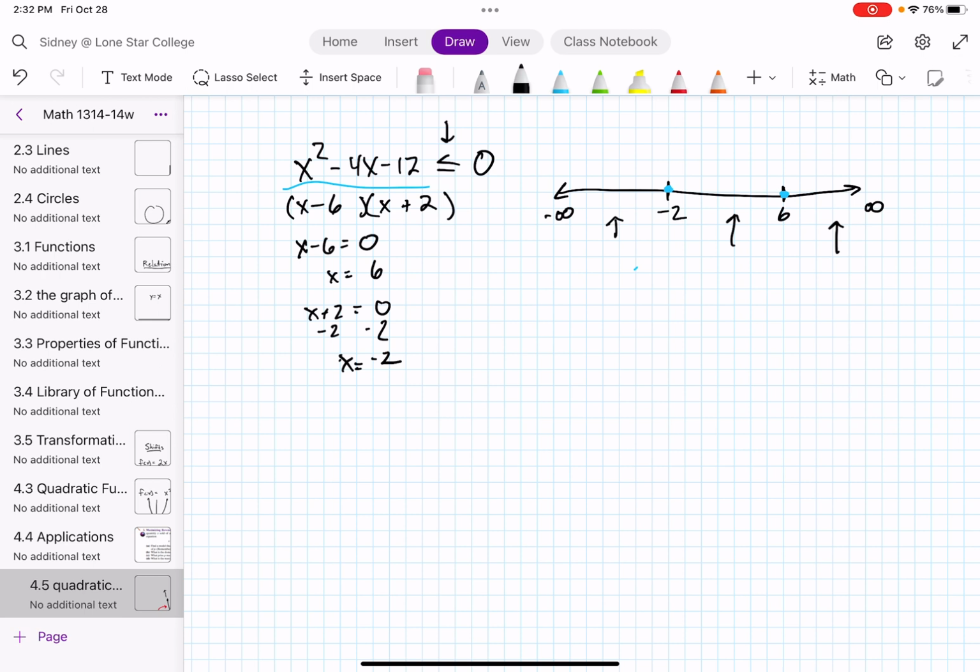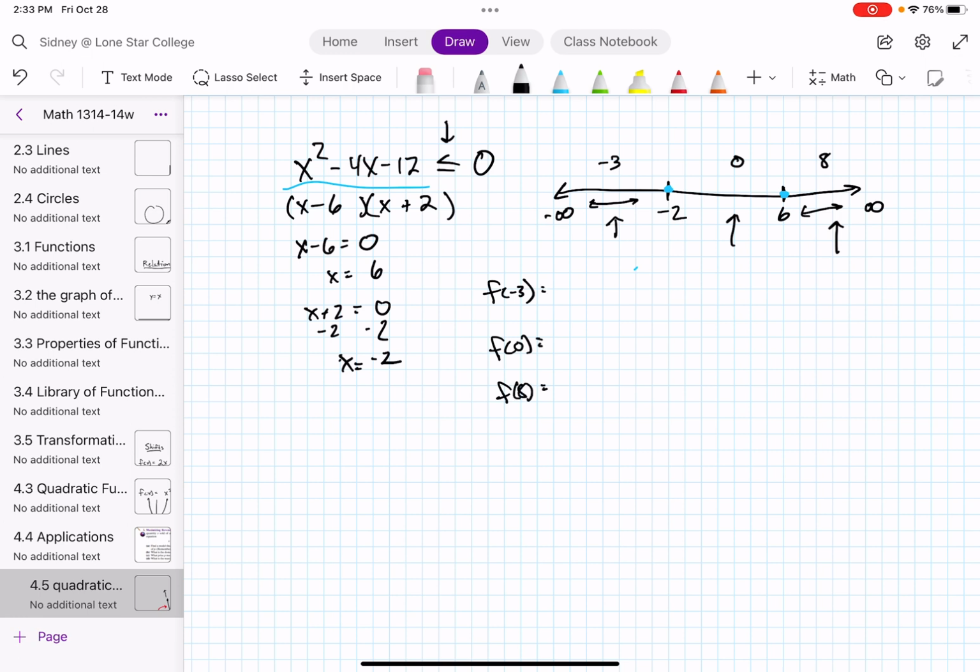So if I were to pick a point in each one, say maybe negative 3 over here, 0 here, and maybe 8 right there. Those are numbers that are in those particular partitioned areas. It's going to tell me if that number is greater than 0 or less than 0, depending on where we pick it. So I'm going to find f of negative 3, f of 0, and f of 8.